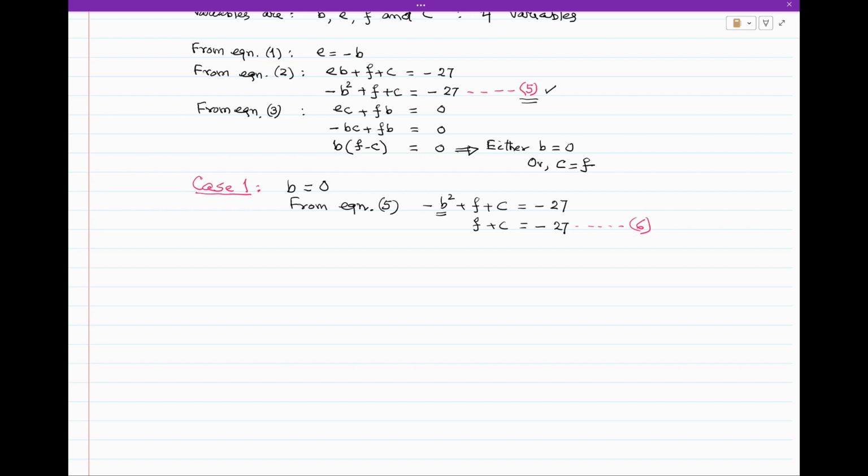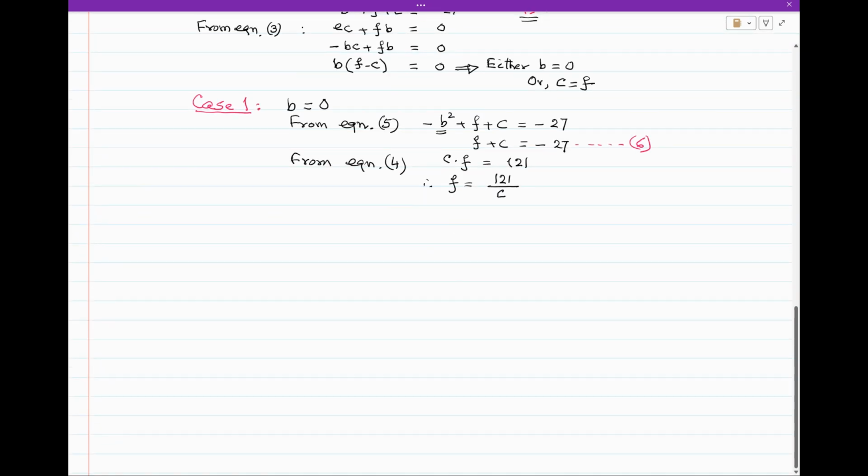Then from equation 4, we get Cf is equal to 121. Therefore, f is equal to 121 divided by c.